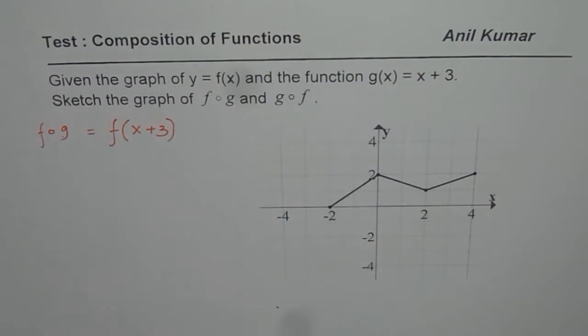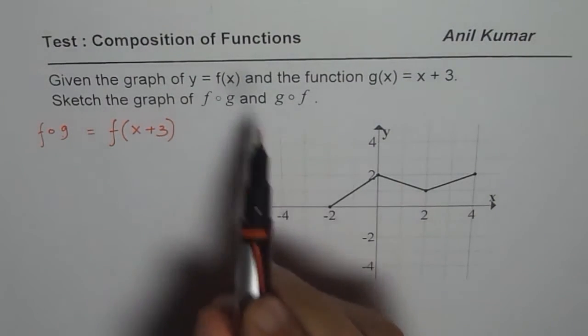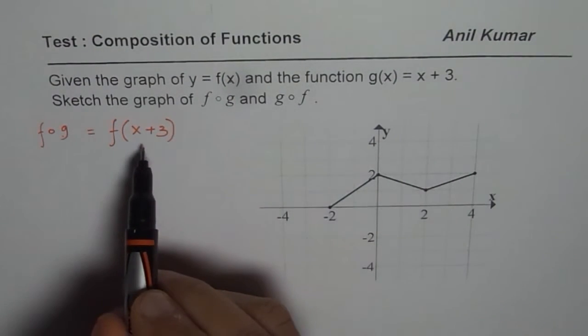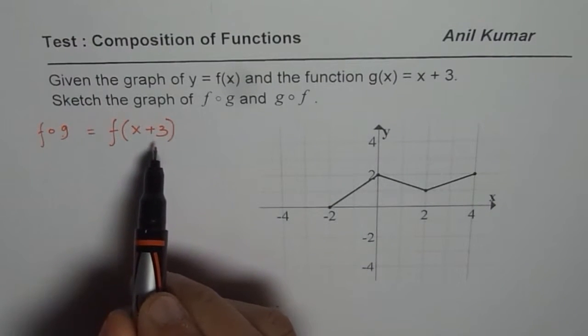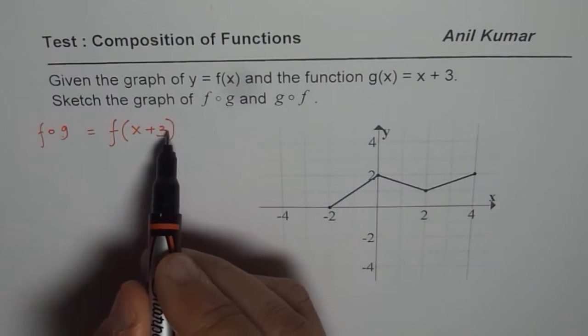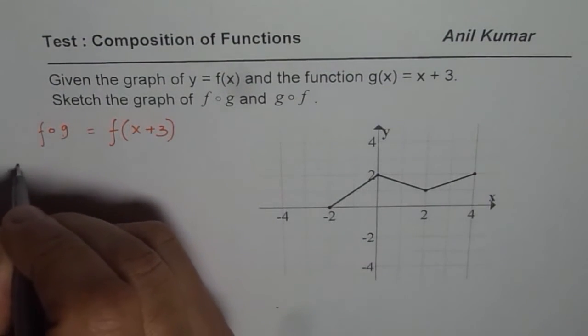Now f of x plus 3 means that the function f of x which is given to us has been translated horizontally 3 units left. Do you understand? So this means horizontal translation by 3 units. So let me write down. What does this mean?